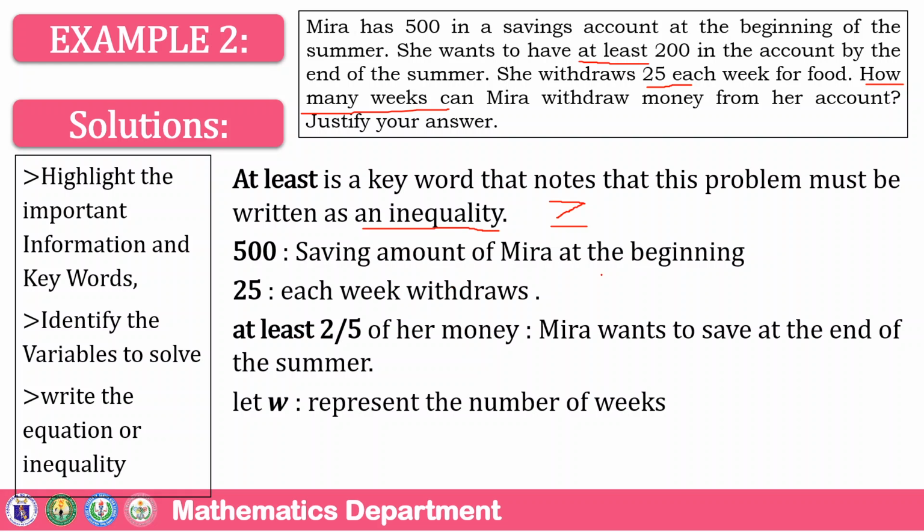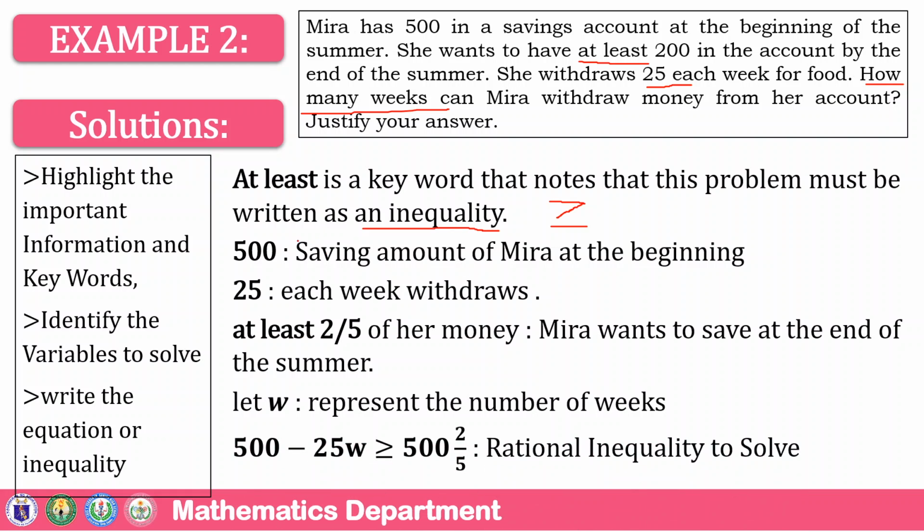So, we have yung 500, minus natin siya ng 25 pesos times kung gaanong karaming week siya pwedeng mag-withdraw. That is greater than or equal to 500 times 2 over 5. So, multiply natin yung 500 to 2 over 5 kasi ang goal niya is at least 200 na lang siya.